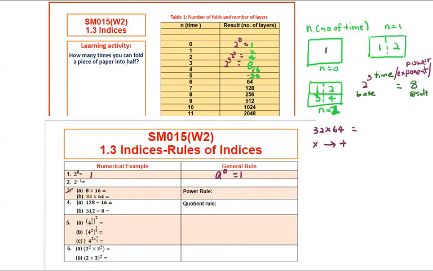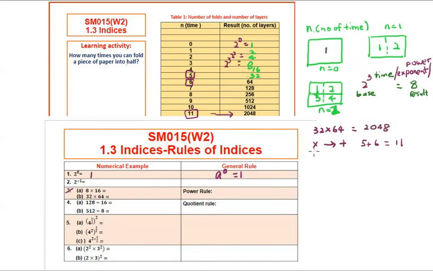You see, 32, the corresponding number of times is 5. 64, the corresponding number of times is 6. So what is 5 plus 6? That is 11. So the corresponding result is 2048.